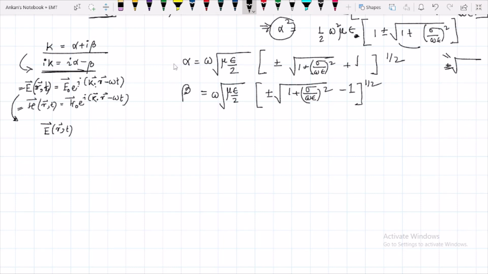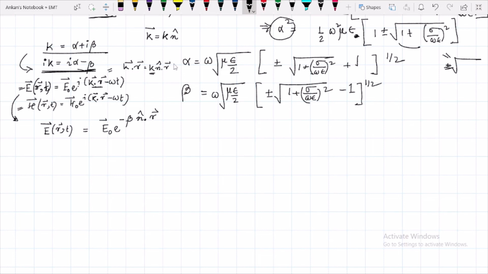Similarly we can write the magnetic field. So E naught e to the power i k dot r. ik means i alpha, so here the beta term is not connected with i, so we can take this as common, minus beta. Again, if we take the propagation vector along the n cap unit vector direction, then k dot r means k n cap dot r.